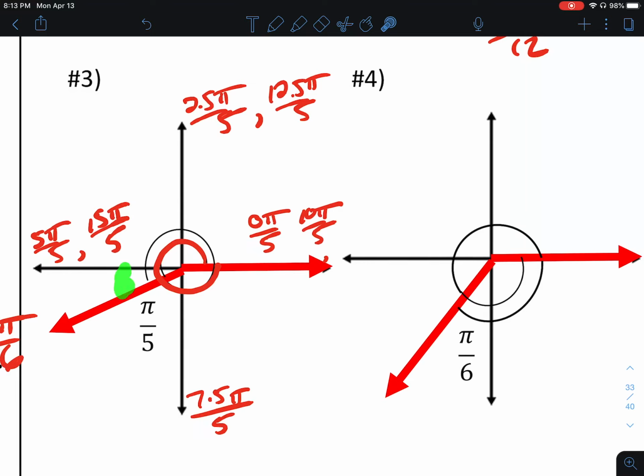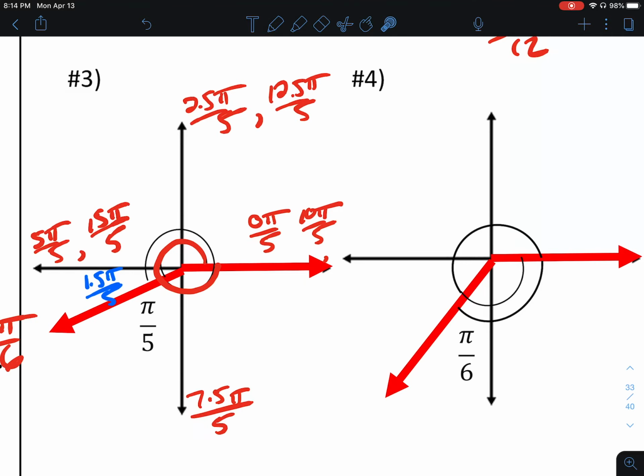Now how much is this part right here? We've established that 90 degrees, using 5 as the denominator, is 2.5 pi over 5. So we use one of those pi over 5s there. That means we must have 1.5 pi over 5. It's not very visible. This little angle here I'm suggesting is 1.5 pi over 5.